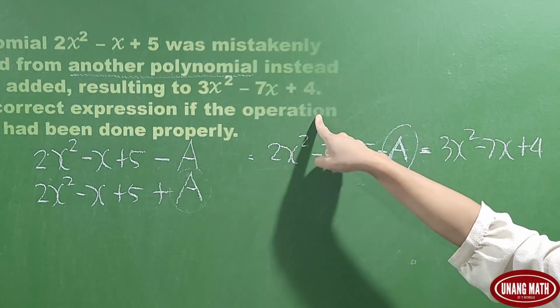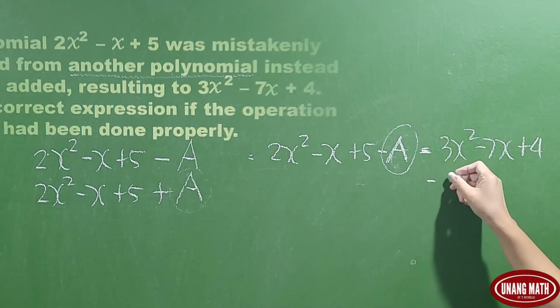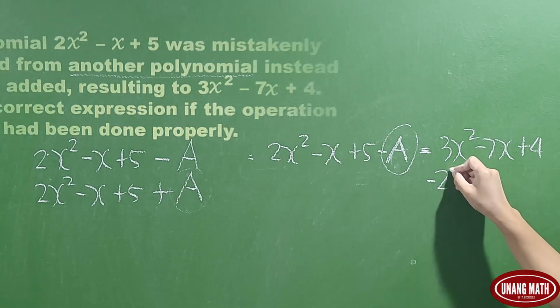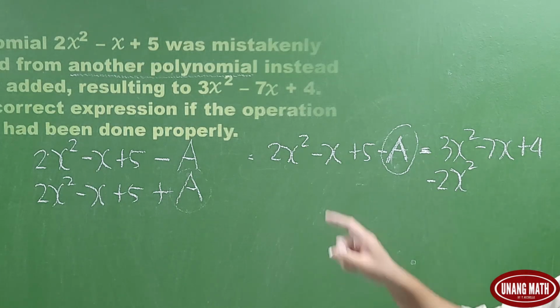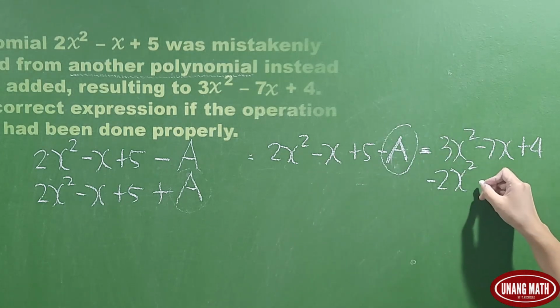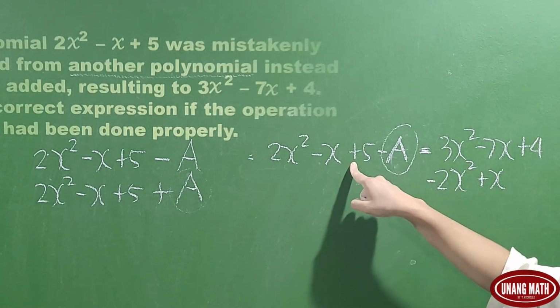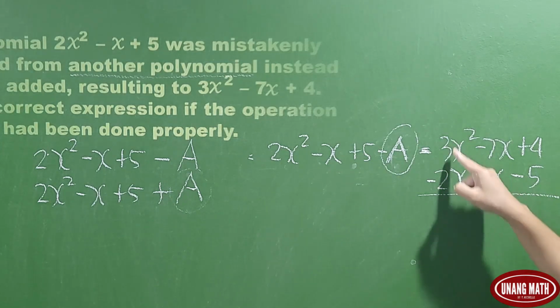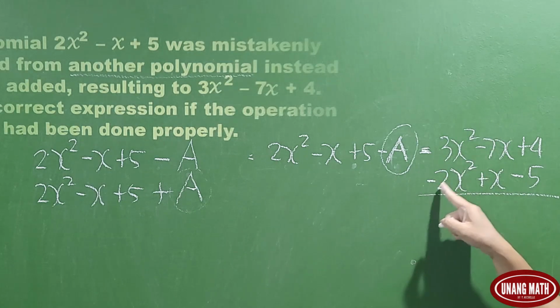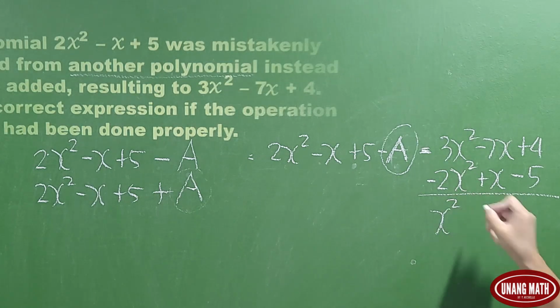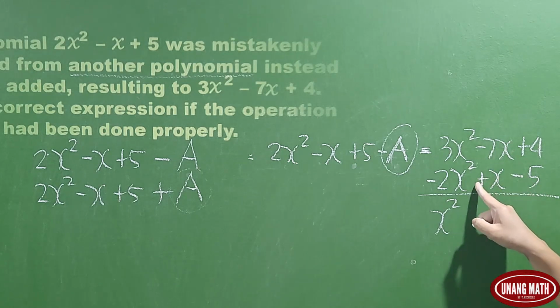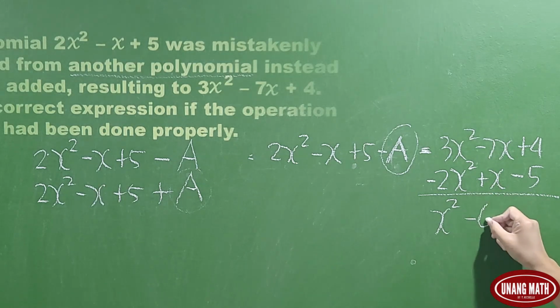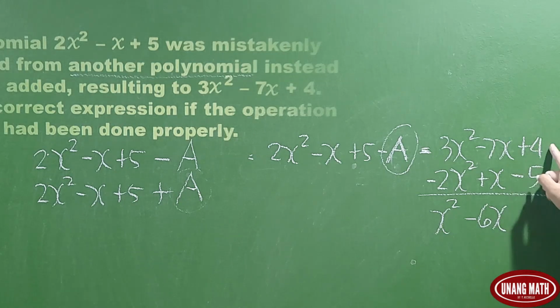So this is 2x raised to the power of 2. If we will move, this is now negative 2x raised to the power of 2. Negative x, so this is now plus x, and 5 becomes minus 5. So we have now 3x squared minus 2x squared. This is x squared. 7x plus x, this is now negative 6x. And 4 minus 5, this is now negative 1.